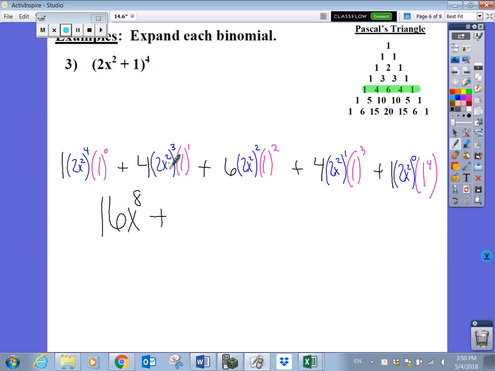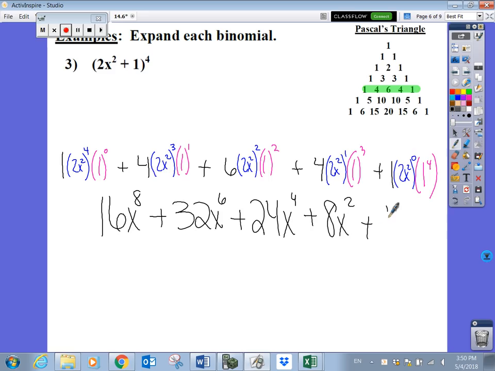So that's 8 times 4, 32x to the 6th. 4 times 6 is 24, x to the 24, power to a power. Again, 1 squared, we're multiplying by 1, so that doesn't do anything to our problem. Multiplying something by 1 doesn't change it. Here 2 to the 1st is 2 times 4, so we get plus 8x squared. And then anything to the 0 power is 1. 1 times 1 times 1, so plus 1.